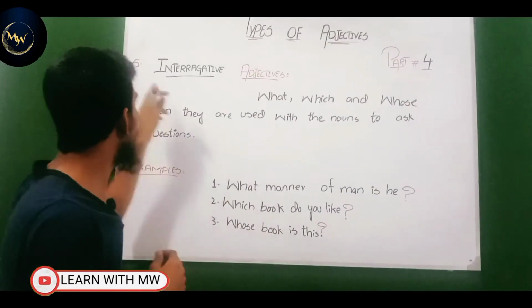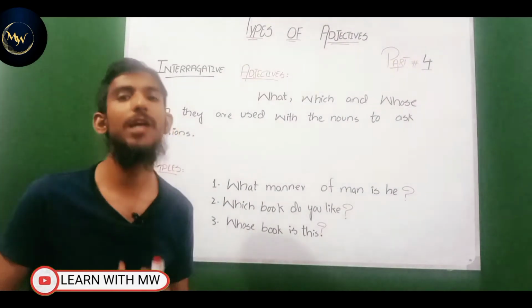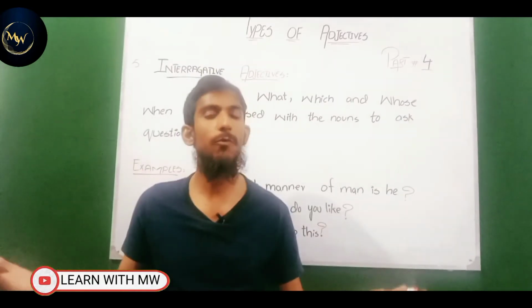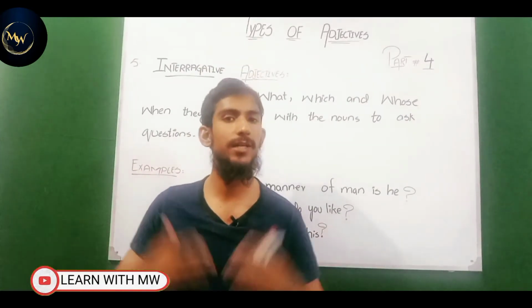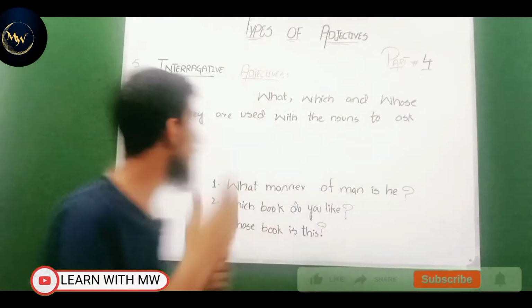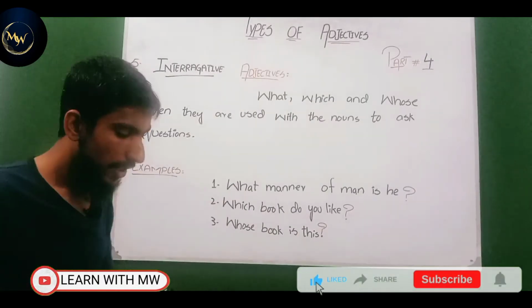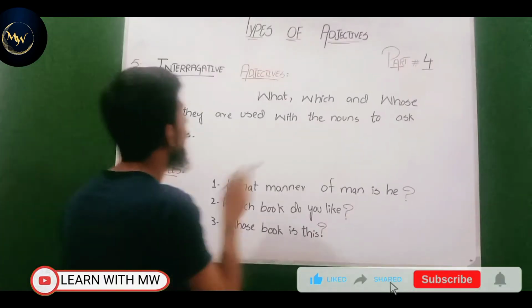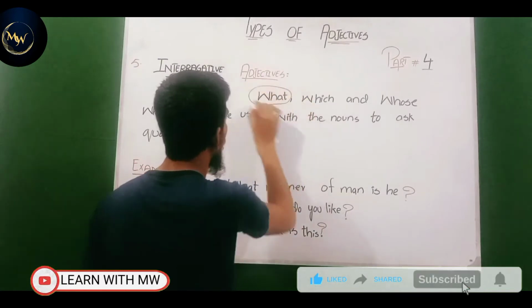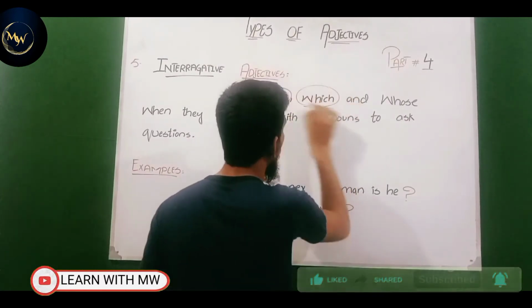Now we will discuss the fifth type of adjective, which is the interrogative adjective. As the name indicates, whenever we see "interrogative," it basically means there will be a question, asking a question. So remember: what, which and whose.